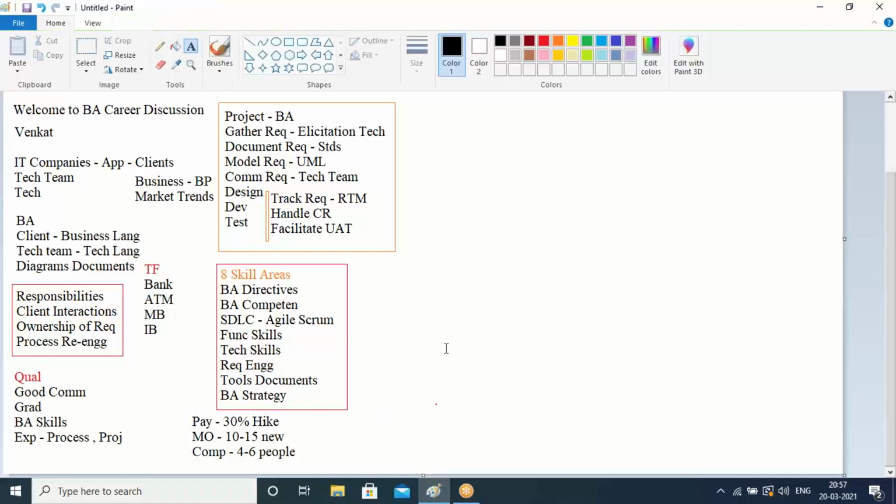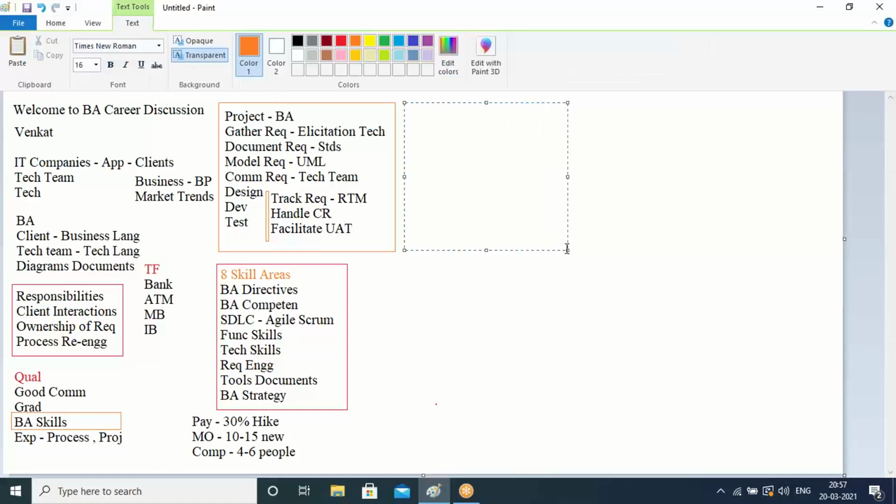And what we do with COEPD is we impart these business analysis skills by conducting a training program. Okay, and this training program generally we do in 2 Saturdays and 2 Sundays. That is 4 days.